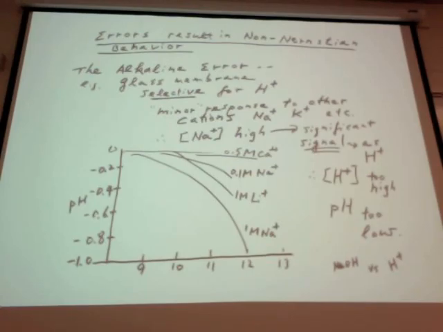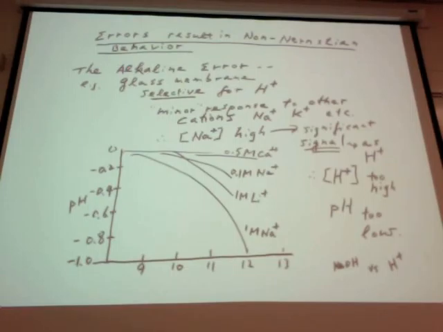So this cation, sodium plus, has a concentration so much higher than that of H plus, and therefore it could be mistaken by your electrode. Your electrode could measure the Na plus as if it is H plus.